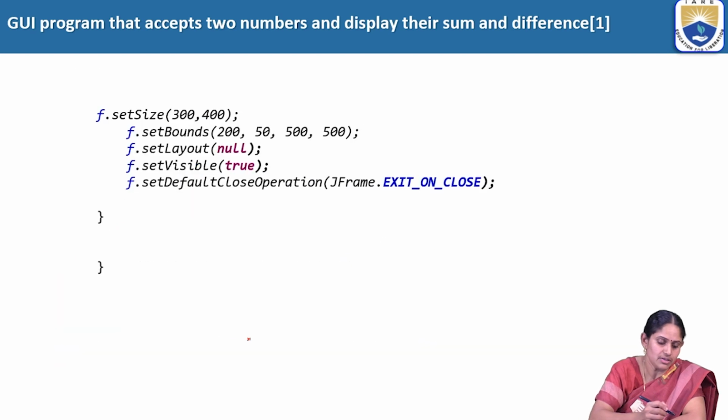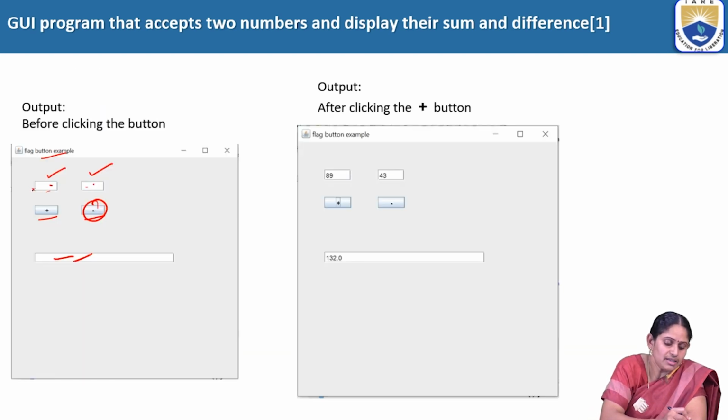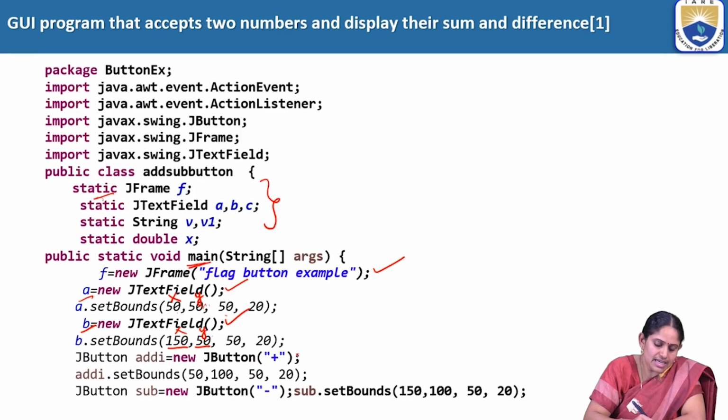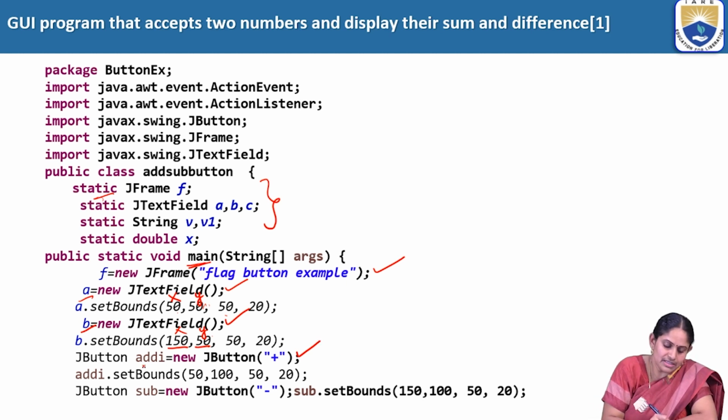So we get two text fields of the same size, but they are placed in the same line, one after the other. Then we are creating a button with the string plus, with the name of the button as addition, and another button subtraction with the minus symbol.